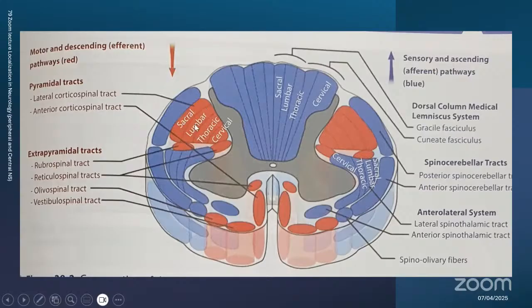Then what you are seeing is the pyramidal tracts, and the extrapyramidal tracts are also seen: rubrospinal, reticulospinal, olivospinal, vestibulospinal, all these tracts. The sensory ascending pathways are in blue. They are also laminated, spinothalamic tract: cervical, thoracic, lumbar, sacral. All these are ascending. This lamination is in the cervical region. This transverse section which you are seeing is at the cervical region. All these tracts travel up, and the posterior column synapses in the gracilis fasciculus and cuneatus.